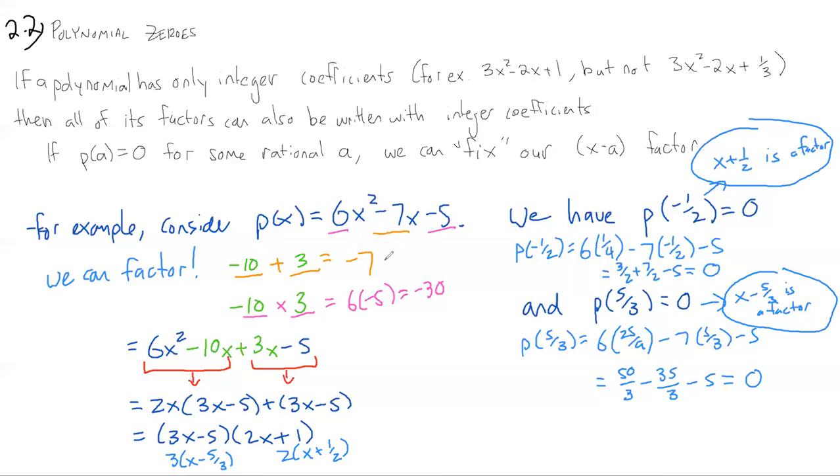So when we have these polynomials with integer coefficients, even if the zeros are rational like these, the factors won't have rational bits in them if we write it out in its nicest form. So we can multiply them away and it's not going to hurt us, is basically what I'm trying to say here.